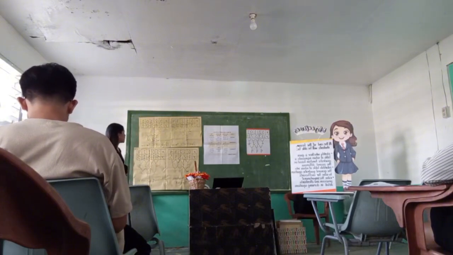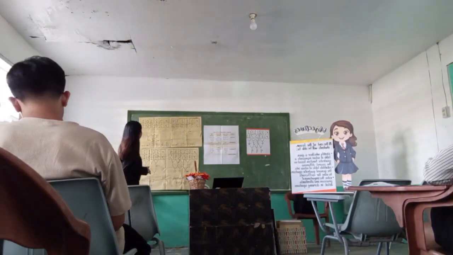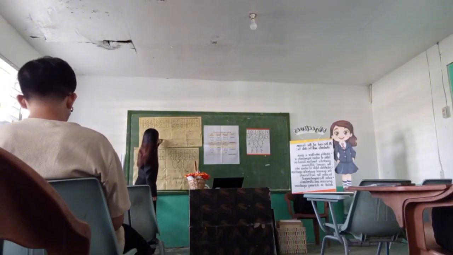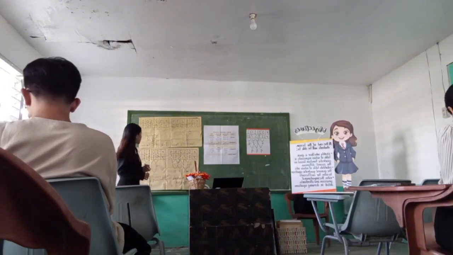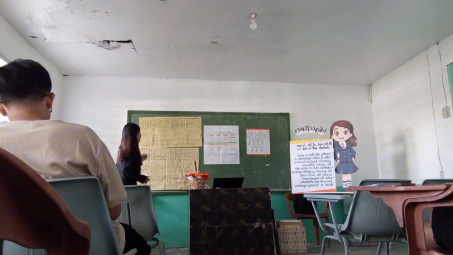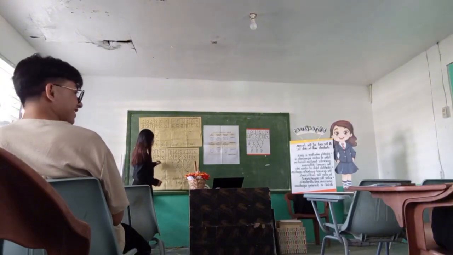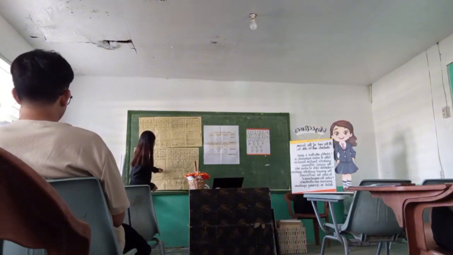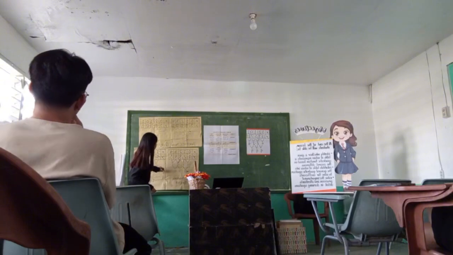For the promptness, group 2 finished ahead of time, so they got 5 points. And group 1 got 4 points since they just finished on time. So overall, group 1 got 5, 4, and 4.